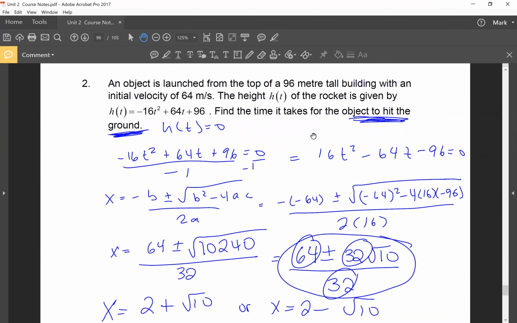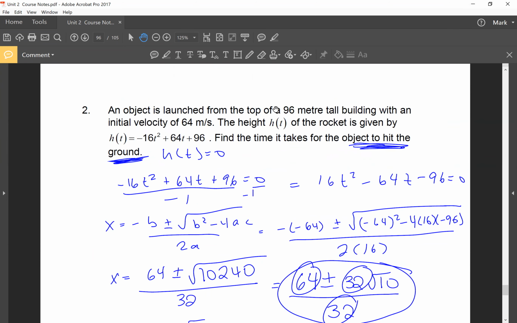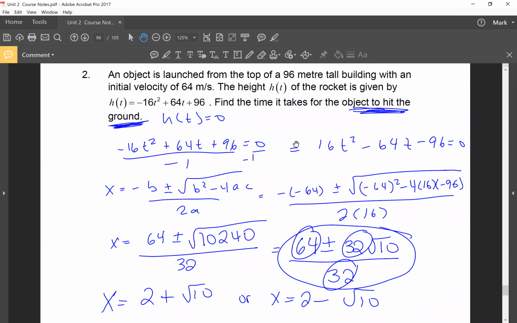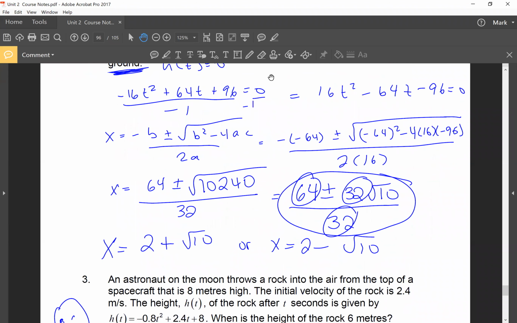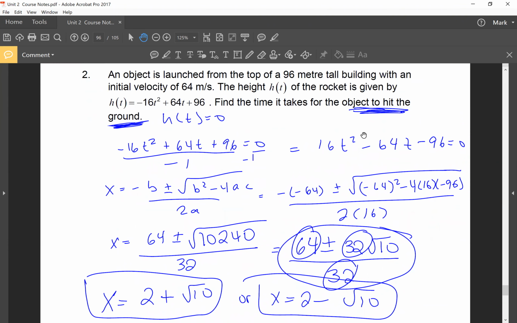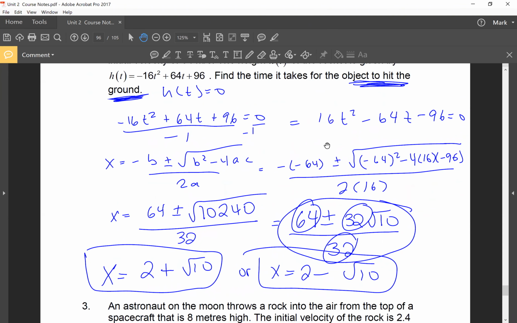Not negative, not positive. Yes? Yeah, that's a good question. We're talking about a rocket here. I want both of these answers when you do this on the test. Yeah, pick both of these answers.